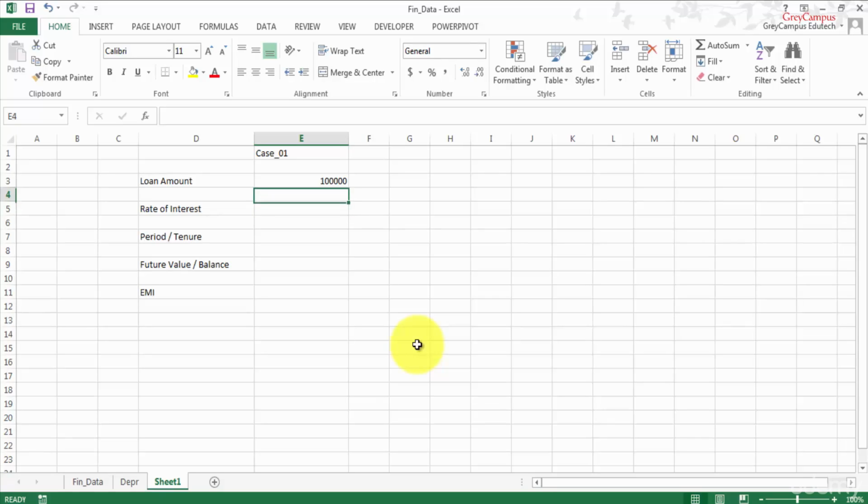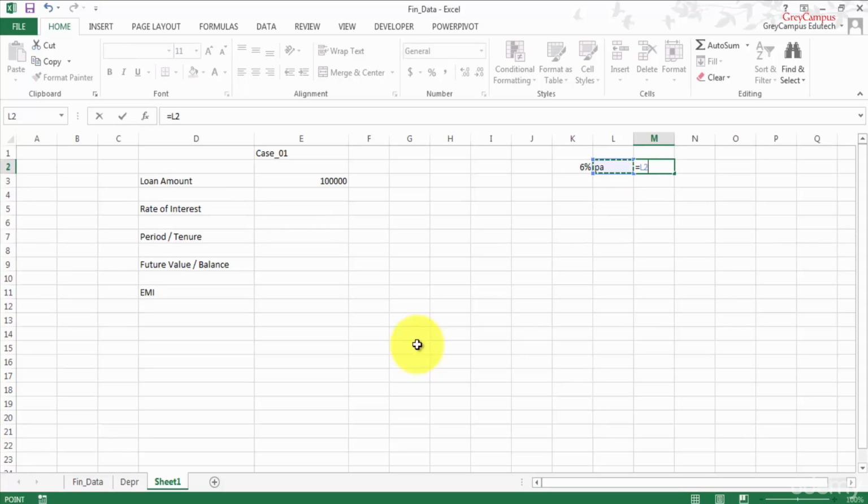Rate of interest. Let's say it is 6% rate of interest, so that will definitely be 6% per annum. I'm talking about per annum. So if we want to do the calculations here, we have to convert it into months. So actually this will be equal to 6% by 12. So this is in percent.